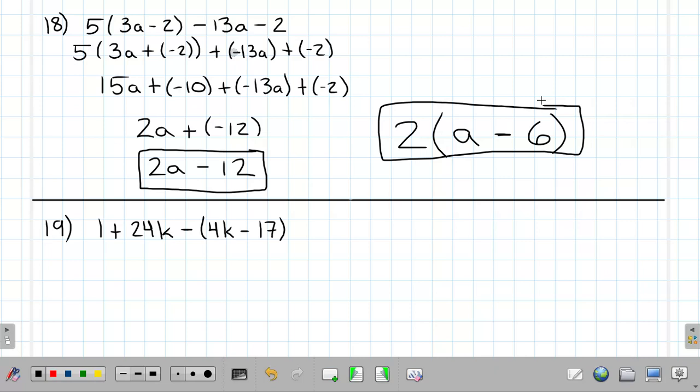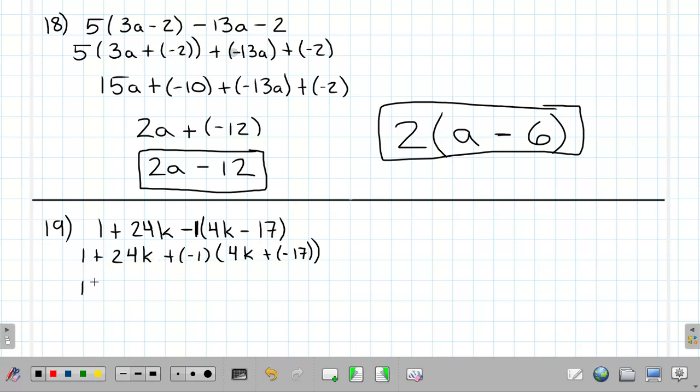Okay. Now number 19, we've got to remember, in this case, we see the parentheses here. So that tells us we need to distribute something, but in this case there's no number in front of it, so we can put a 1 in front of that set of parentheses. So now we can see when we write this as a sum, I'm actually distributing a negative 1.